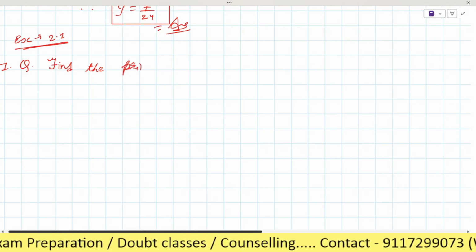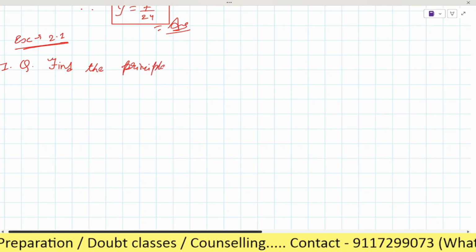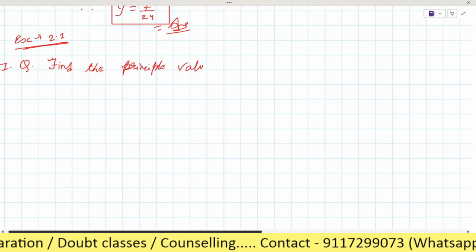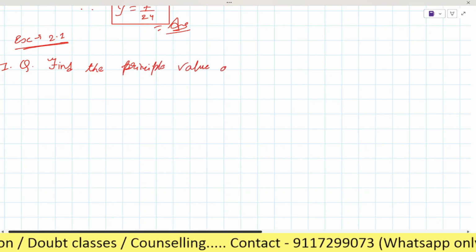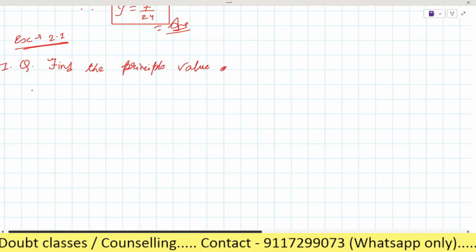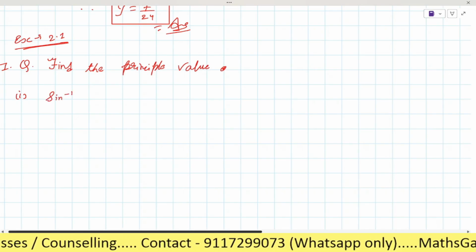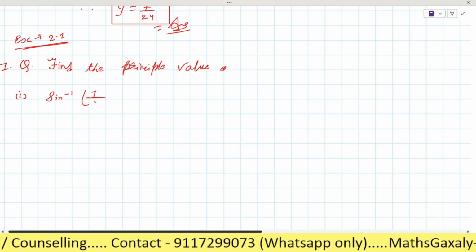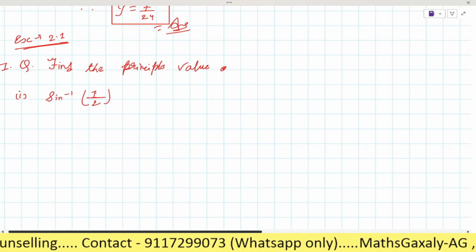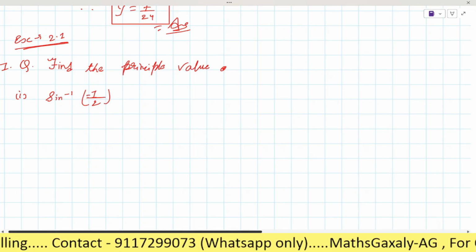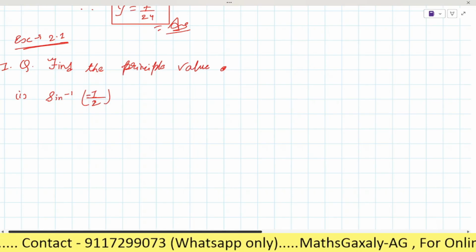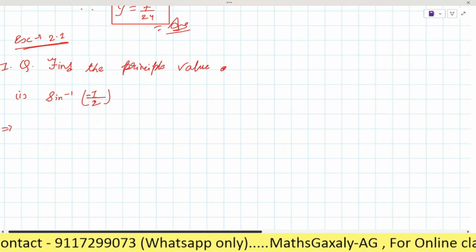We have to find principal value of the first question, that is sine inverse minus 1 by 2. Let's see here how we will do it.